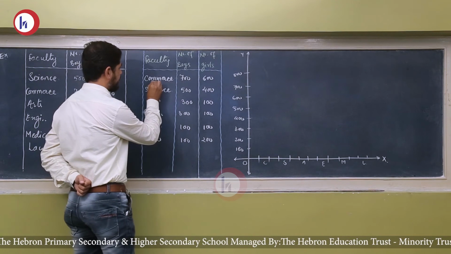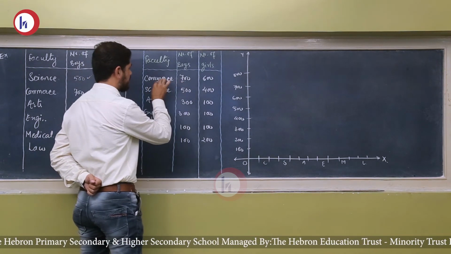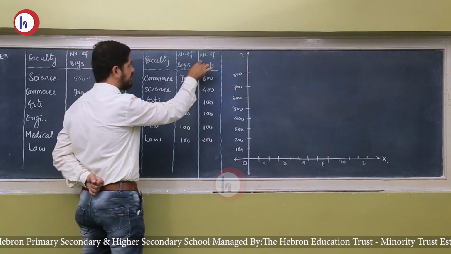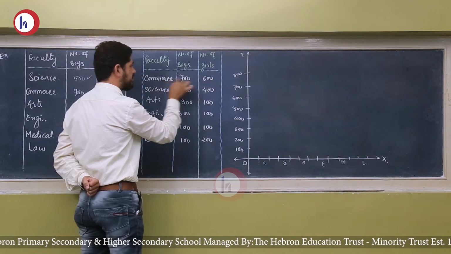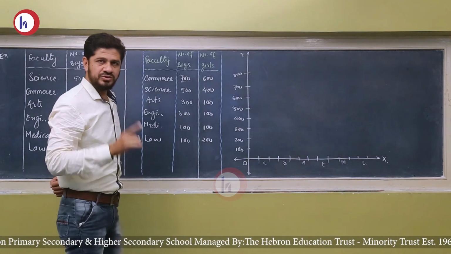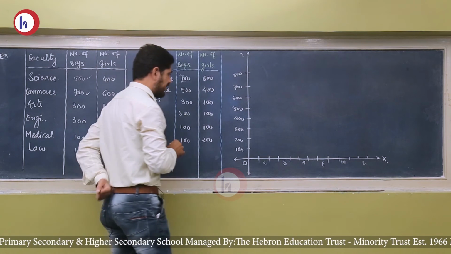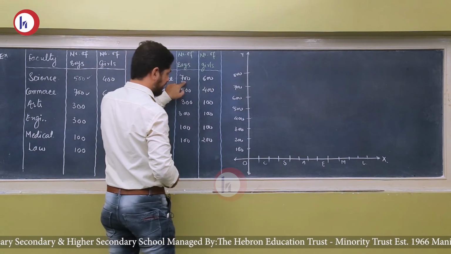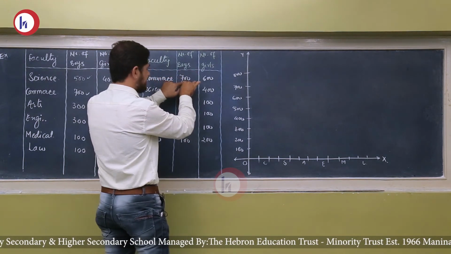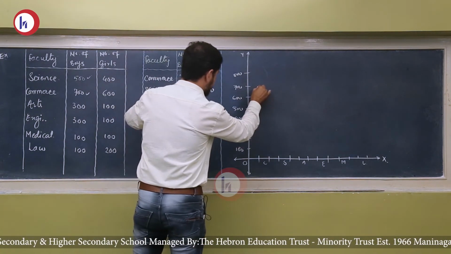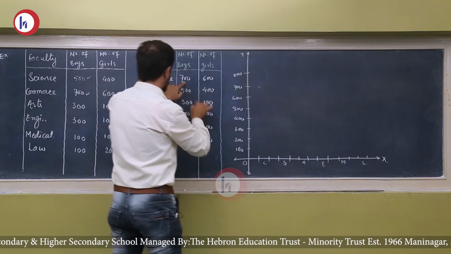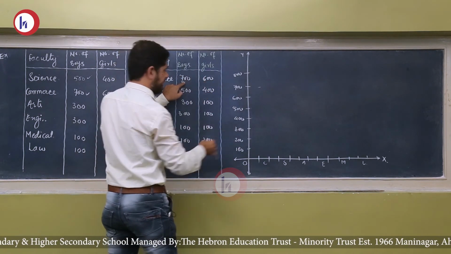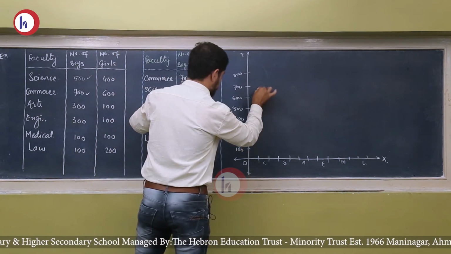Now we know that the number of boys in commerce is 700 and the number of girls in commerce is 600. So in one block we will represent both the data. Okay, so the number of boys is 700, and the number of girls is 600.